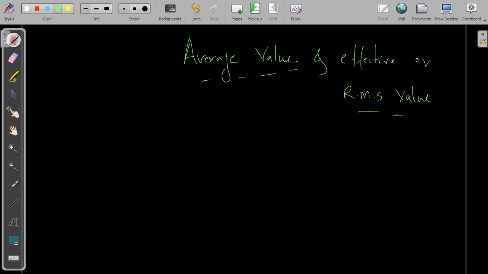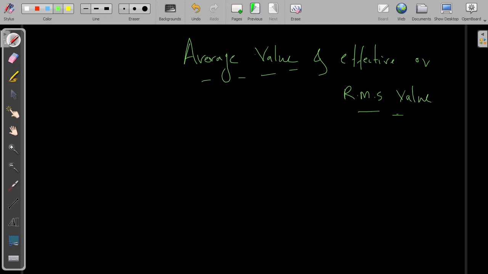Actually these two values have a meaning in electrical engineering, but that is not required for you, I think. We will define what we mean by average value and what is RMS value. That is enough for you. For electrical engineers, the meaning of that is required, but for you it is not required. So I will just give you the formula.